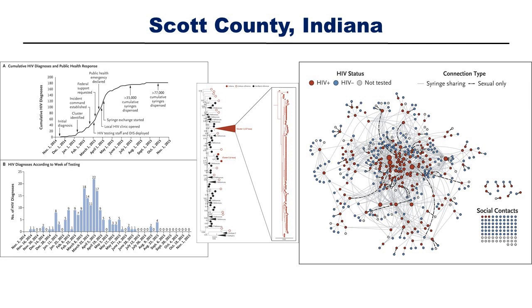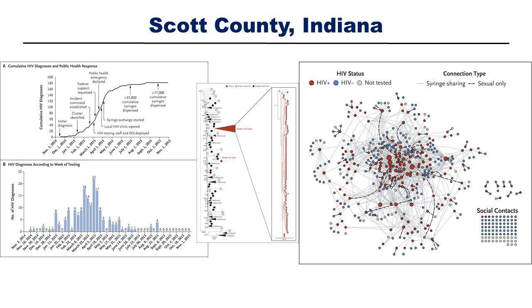And you can see, starting in November of 2014, where the initial diagnosis was made, over a short year, to November of 2015, they identified approximately 180 HIV positive individuals and were able to help bring it under control through syringe exchange, testing, and counseling.